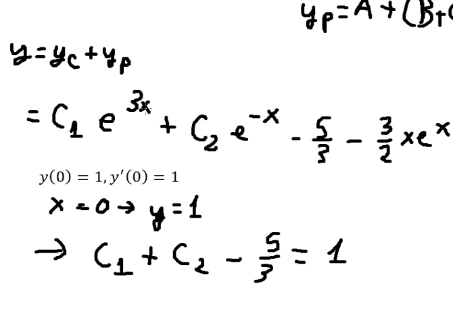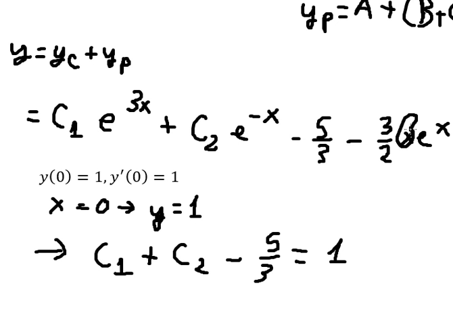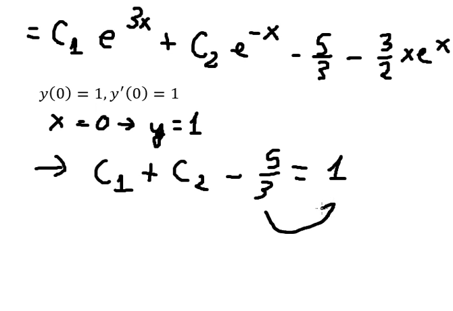Because e to the power of 0, we have 1 in here. This one we have 1. If we put 0 in here, they will become eliminated. So that's why we have negative 5/3. So I will put this one on the right. So we have 8/3.